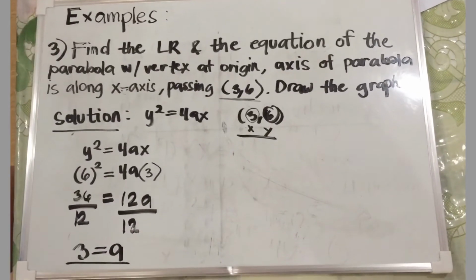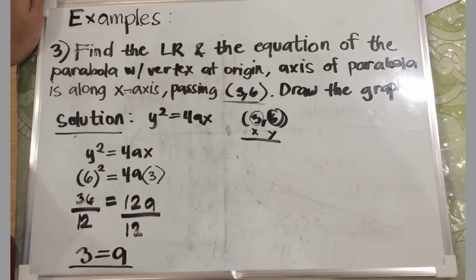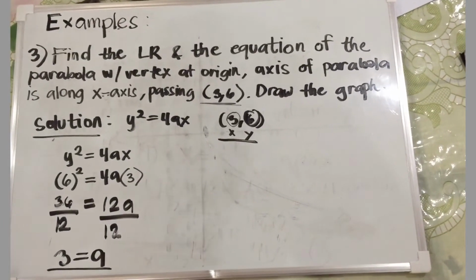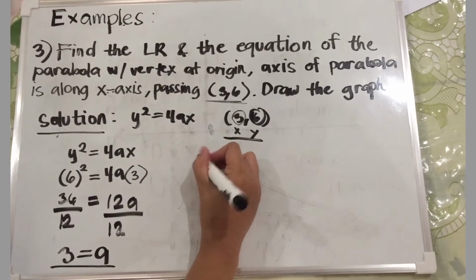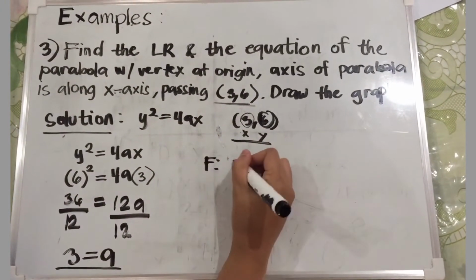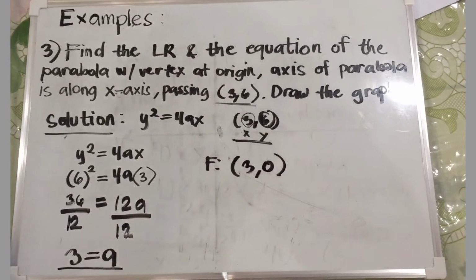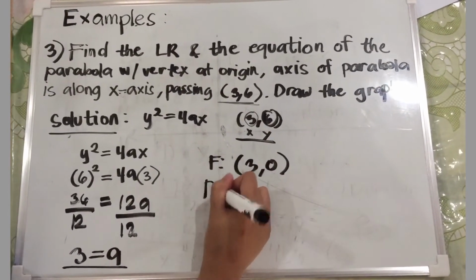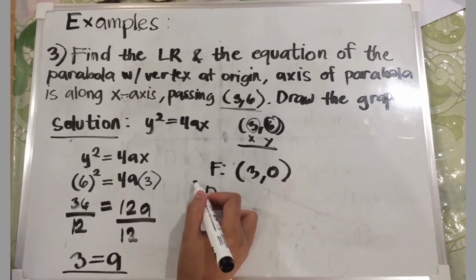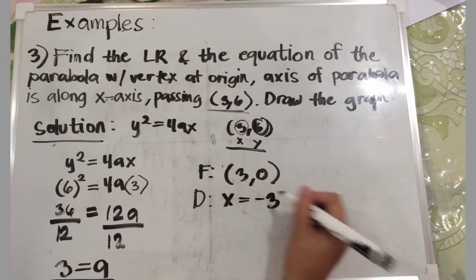So since we already found the a, we can complete the focus, the directrix, and the latus rectum. So the focus is 3, 0. And the directrix must be opposite to the focus. So the answer is x equals -3.